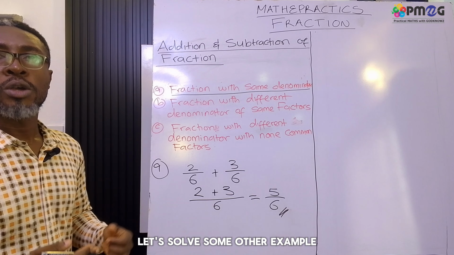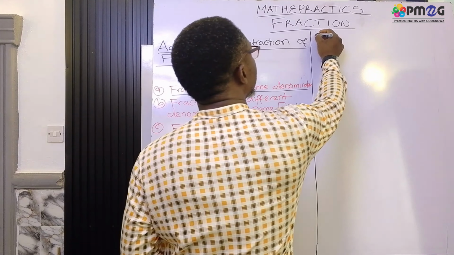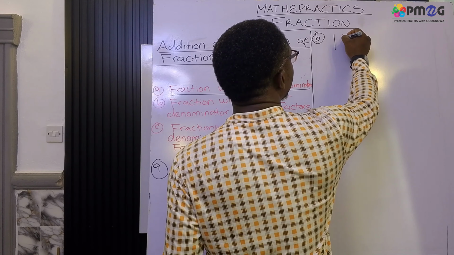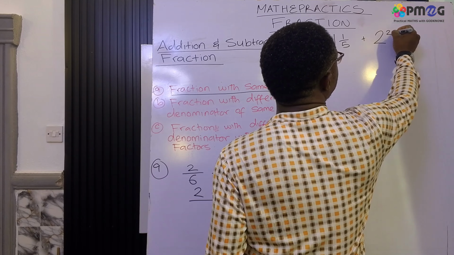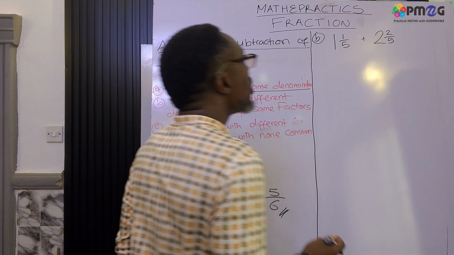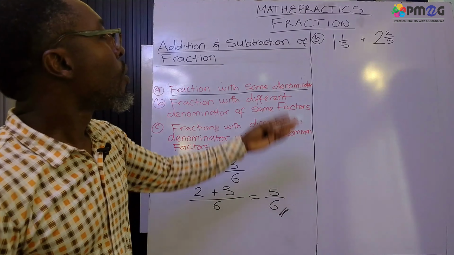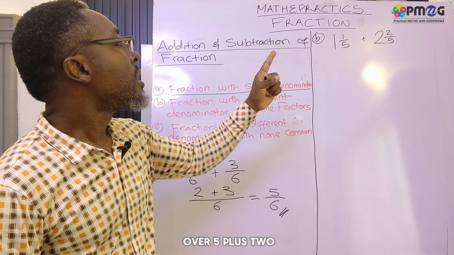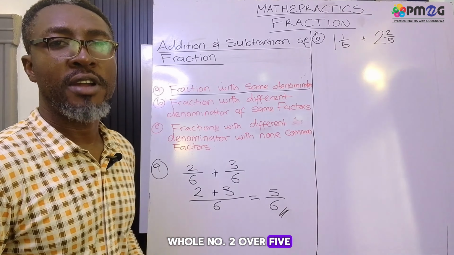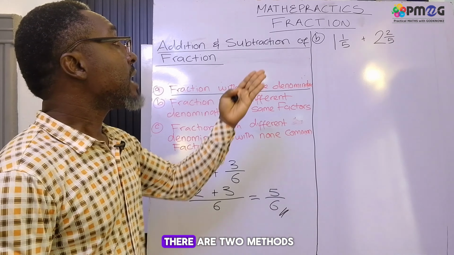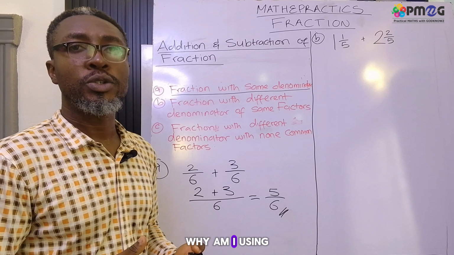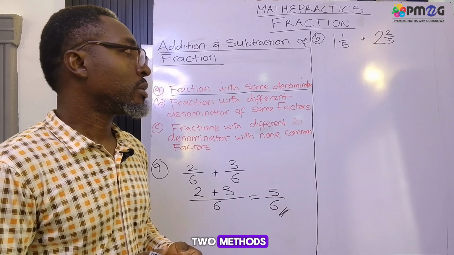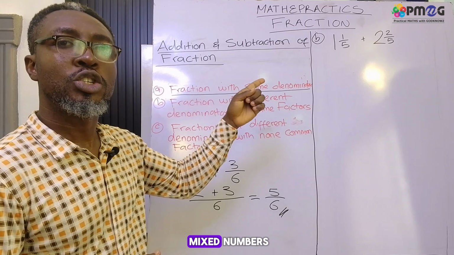That is the first example. Let's solve some other examples. Looking at this question, 1 whole number 1 over 5 plus 2 whole number 2 over 5. We want to add this. There are 2 methods I'm going to teach you in solving this kind of question. Why am I using 2 methods? Because we are having mixed numbers.